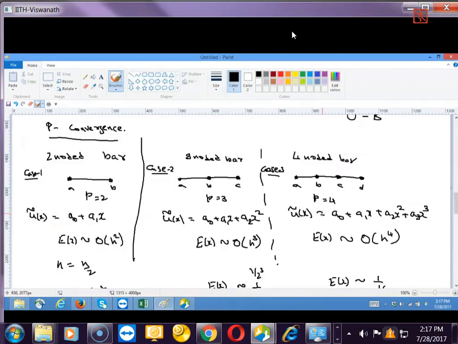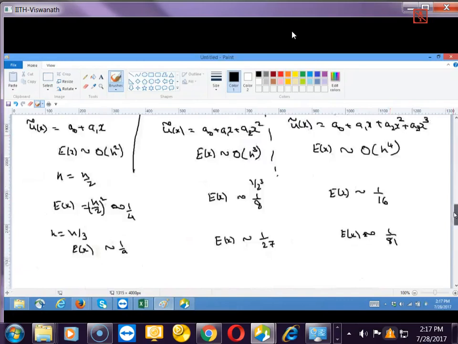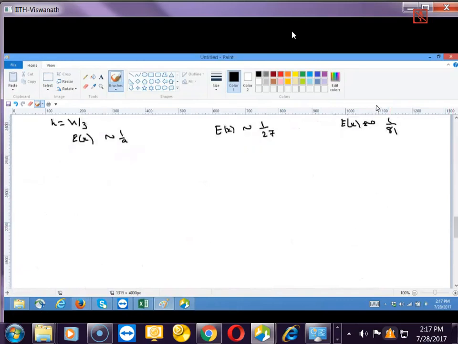That means if I go back to the same solution here, let me redraw it. Let's assume our solution is of this form.